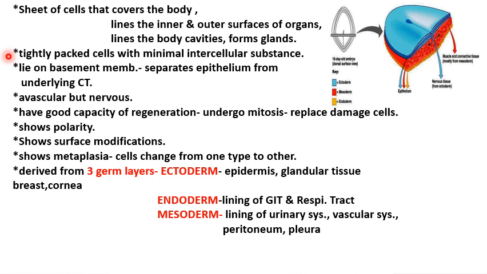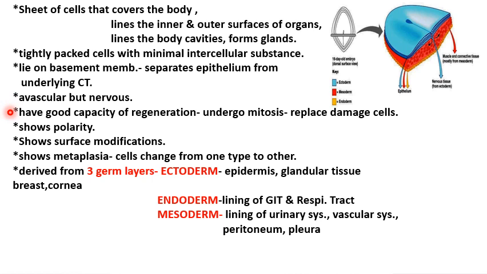So they are bound by junctional complexes. We'll come to know about them later. And they lie on the basement membrane, separating the epithelium from underlying connective tissue. The epithelium is avascular, so there is no blood supply to the epithelium. So the nutrition occurs by mere diffusion, but it is innervated, that is, nerve supply is there.